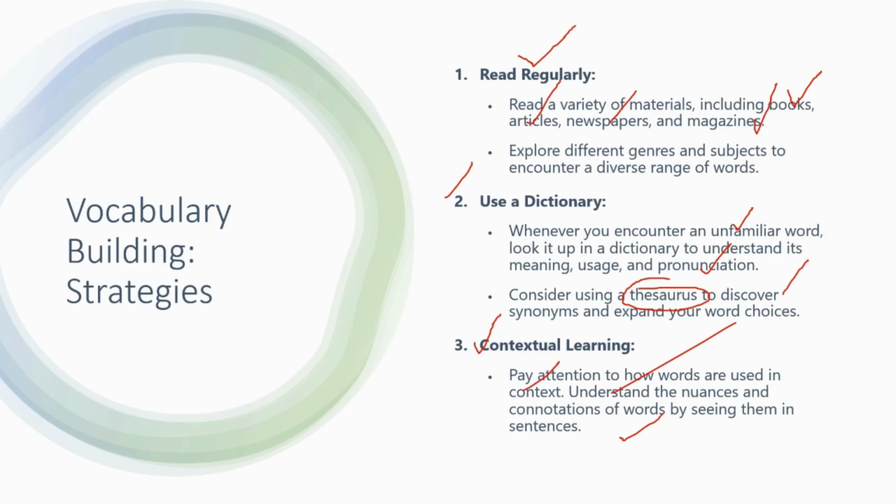Sometimes a word has different dictionary meanings or literal meanings that may change with reference to context. So it is very important to study books, articles, newspapers, and magazines so that you may familiarize yourself with the different usages of the word, how the word can be used.